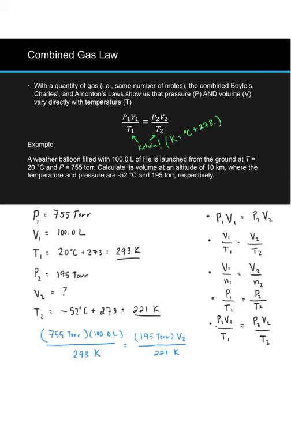To solve this equation, we'll multiply both sides by 221 K, similar to how we solved a problem earlier. When we do that, Kelvin on the right-hand side will go away entirely. We'll be left with just 195 times V2, and we can divide both sides by 195. So we'll put this quantity in the denominator on both sides.